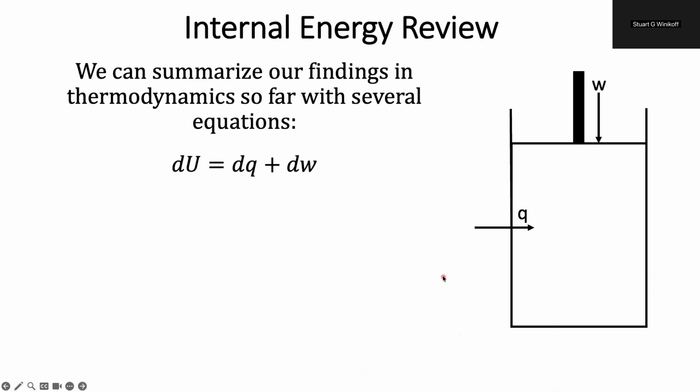So let's take a look at what we found so far. So far, we now have our first law, which relates the changes in internal energy to heat and work. And we know that work is going to depend on the external pressure and the changes in volume. Now, here's the useful thing.